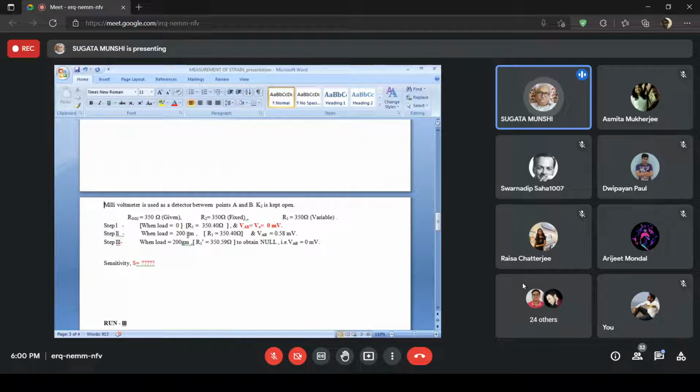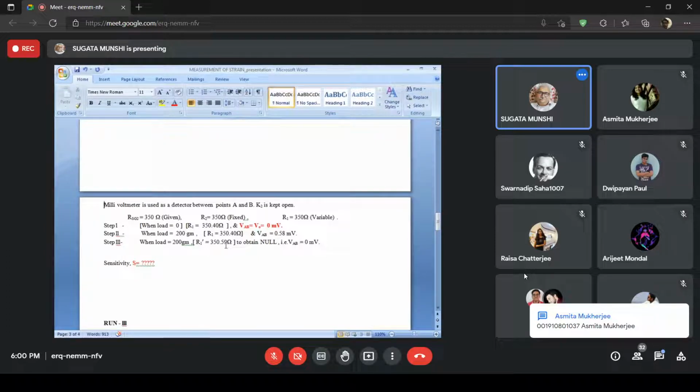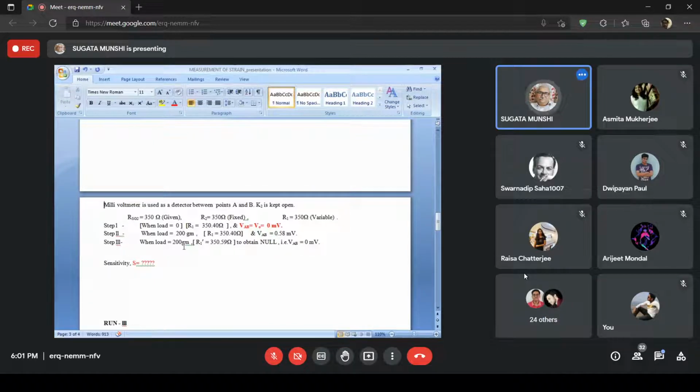When load is 200 grams, the value of R1 required is 350.40 ohms. Therefore, when load is equal to 200 grams, what is R1 prime? R1 prime is 350.59. All right. Why is it 350.59?